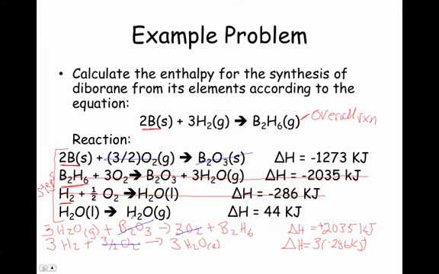Okay, and then that gives us, well, oh, we can't cancel out these waters because they're different states. So here it's a gas, here it's a liquid, so we can't cancel that out. So that's where this comes in here, this fourth step. So this last step has liquid water on the reactant side and gaseous water on the product side.